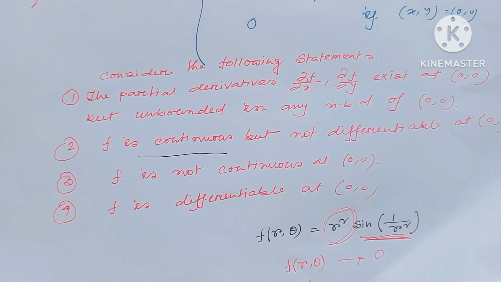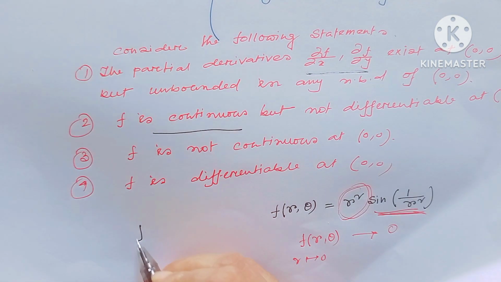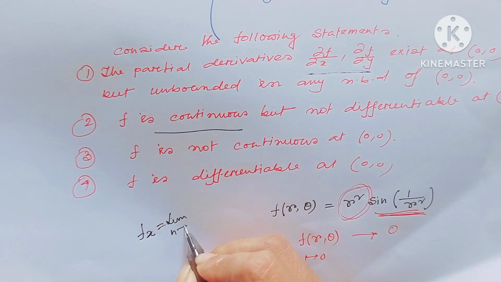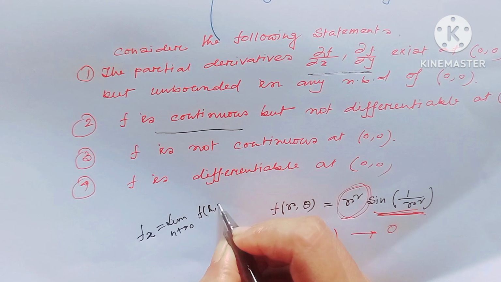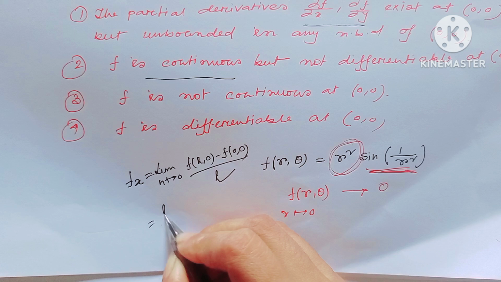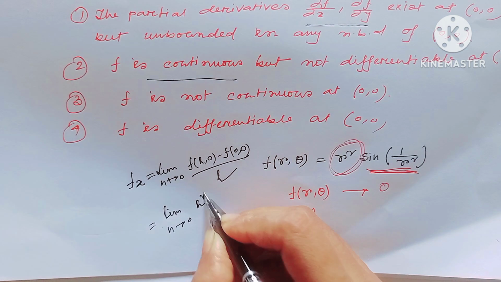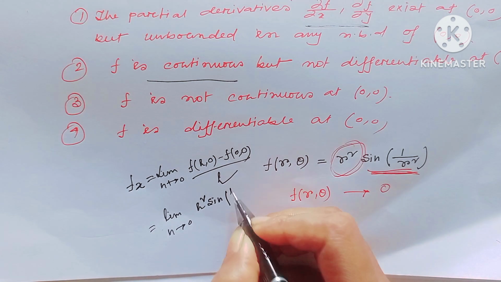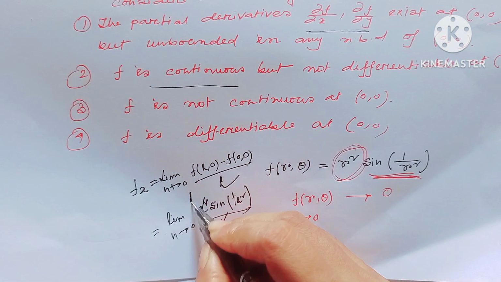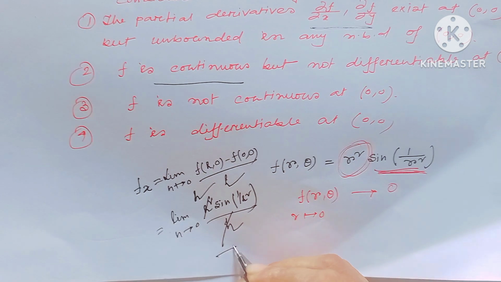For differentiability, here also the question is about partial derivatives. At first use the partial derivative fx equal to limit h tends to 0 of f of h0 minus f of 0 over h. Limit h goes to 0, f of h0 means h square sin 1 over h square divided by h. Just cancel this, then this value would be h sin 1 over h square, and this goes to 0.